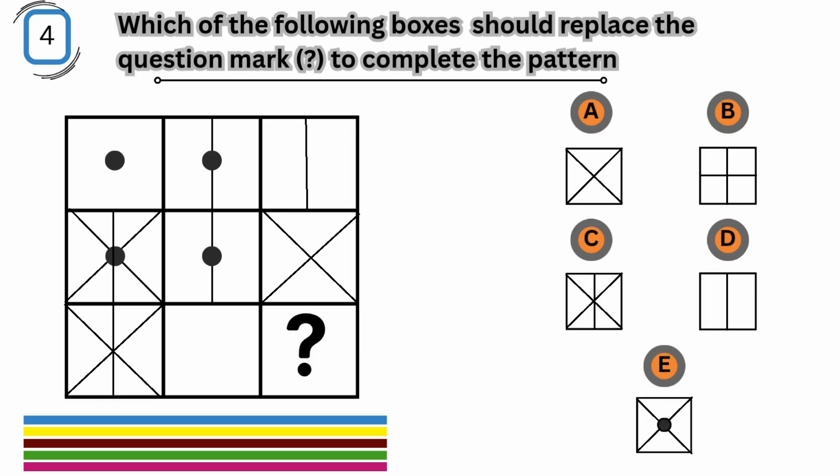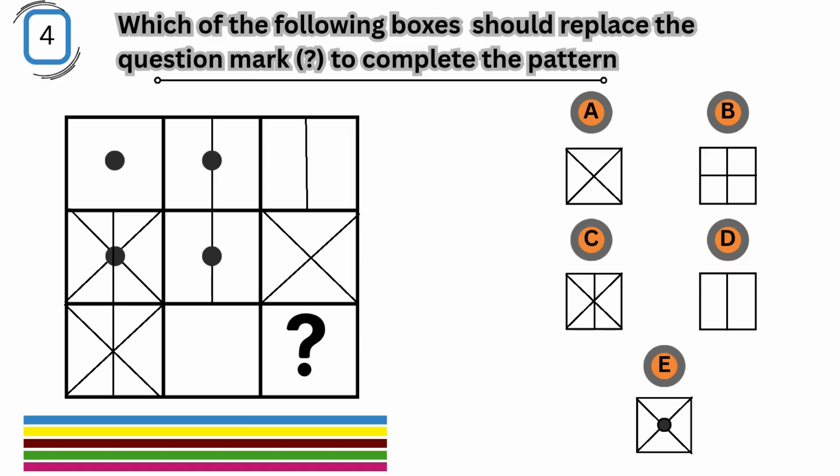In this matrix, each row and column follows a rule. One of the boxes is always formed by combining the other two. Now, look at the third column. The two given boxes here are different and share no common elements. This means the missing box must be a direct combination of these two. Next, observe the third row.